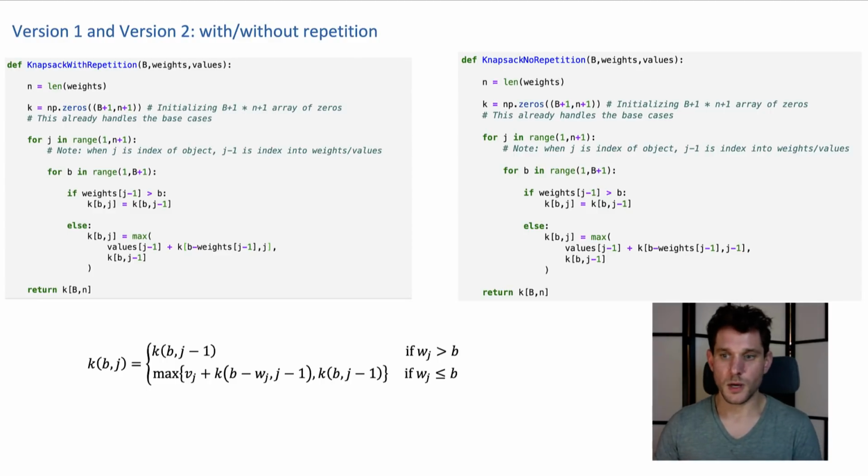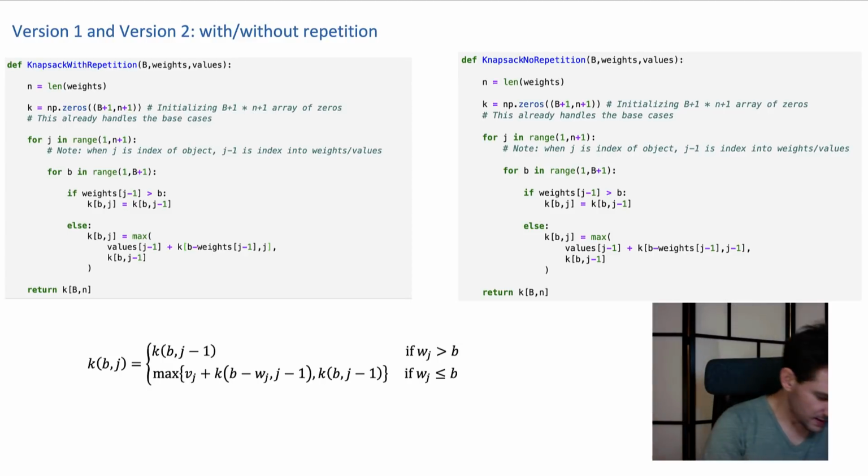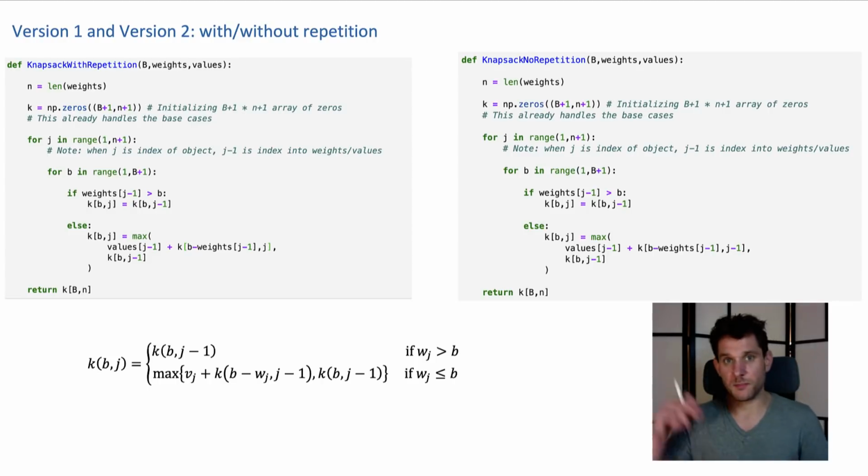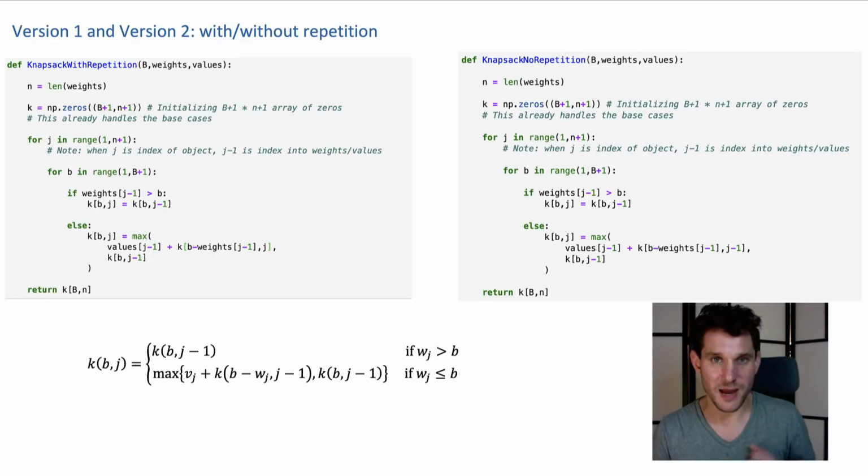If you recall, what we discussed before was the scenario in which you were trying to build the optimal subset of elements using budget constraint small b, and you had to ask yourself, is the jth item in that optimal subset?